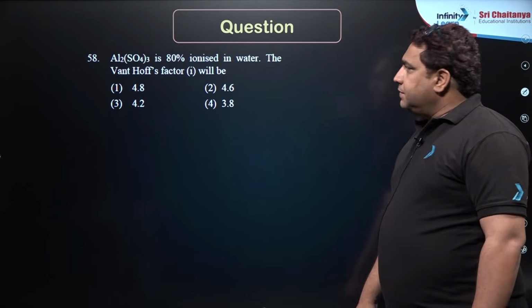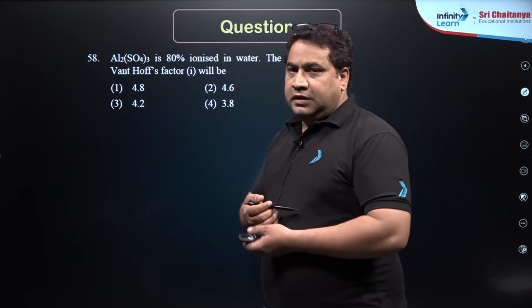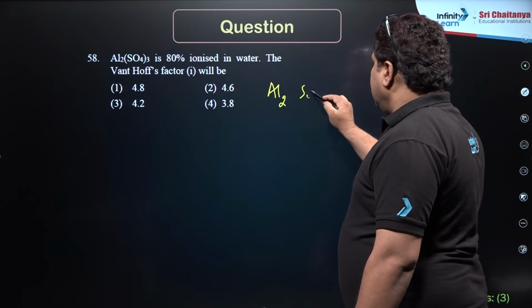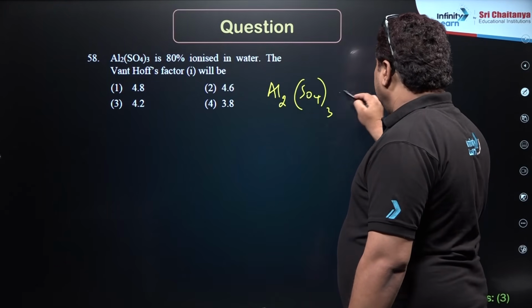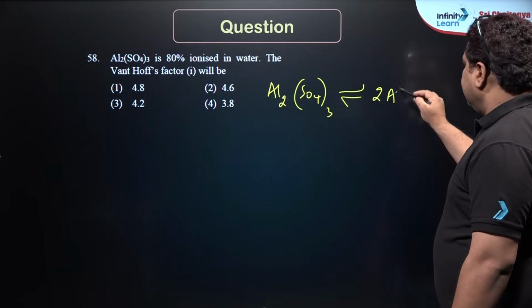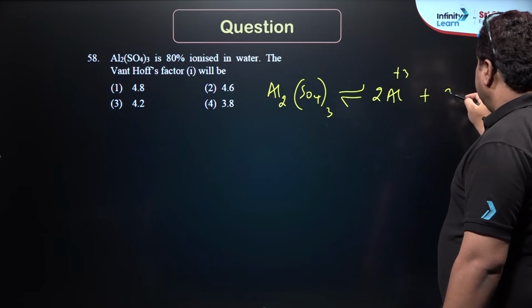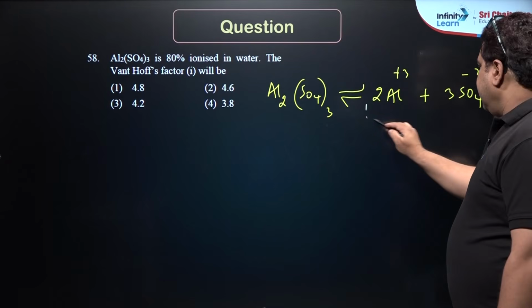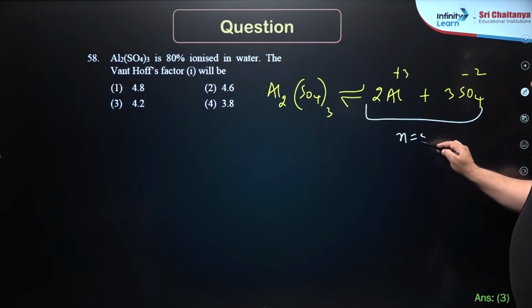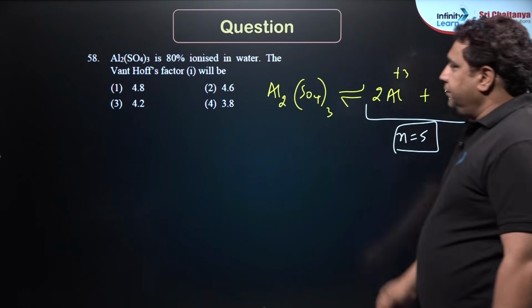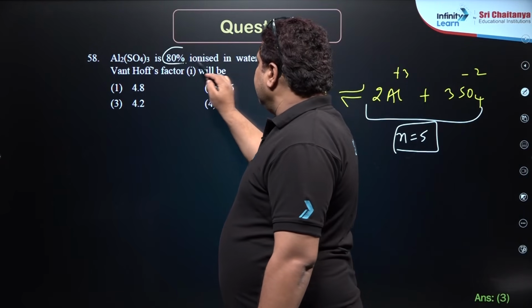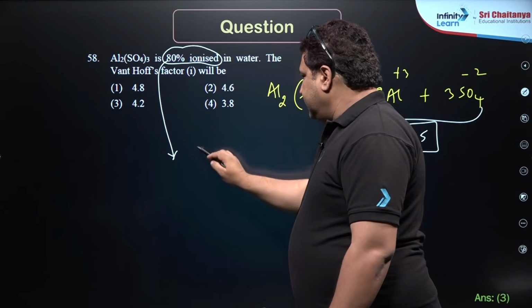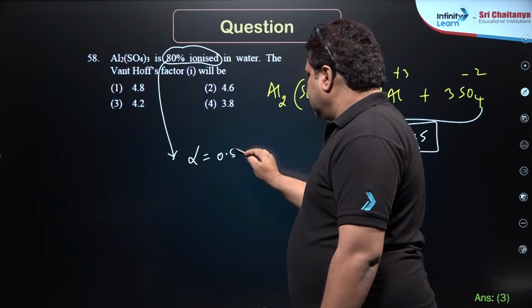Aluminum sulfate is 80% ionized in water. The Van't Hoff factor will be? Very easy question, very important question. If you take aluminum sulfate, it will give you 2 aluminium plus 3 sulfate. That means the number of ions here is 5. And he is saying 80% ionized. 80% ionized means alpha is 0.8.